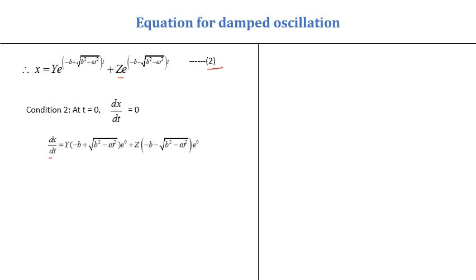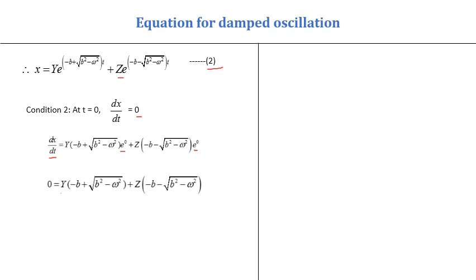Here dx by dt is 0, e power 0 is 1. So if we substitute those values, we will get 0 equal to y into minus b plus square root of b square minus omega square plus z into minus b minus square root of b square minus omega square.